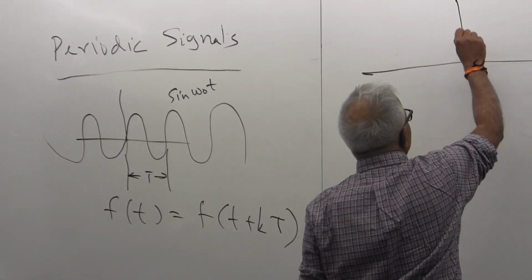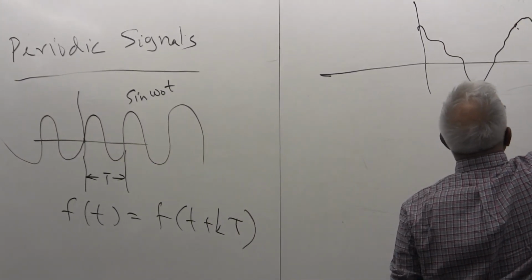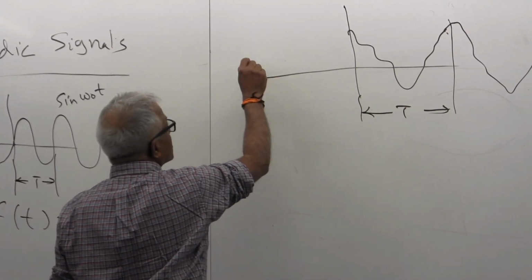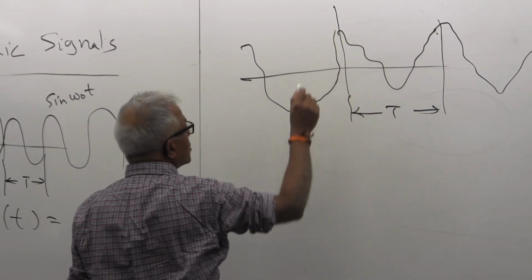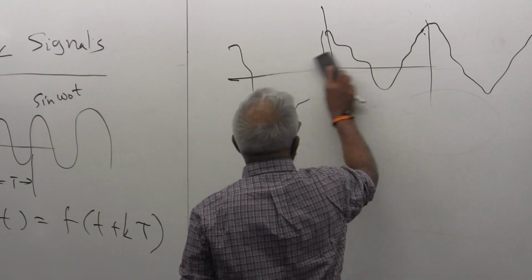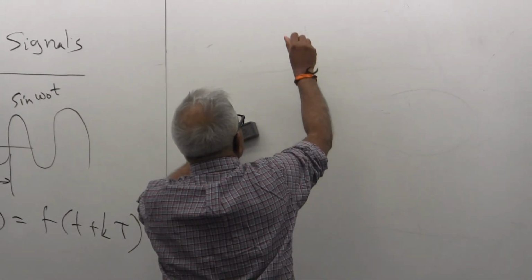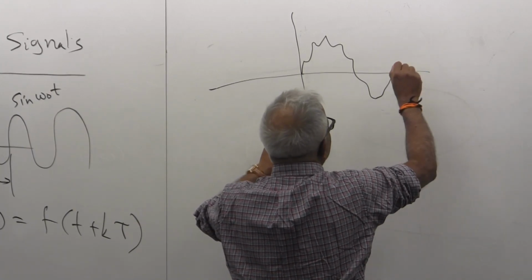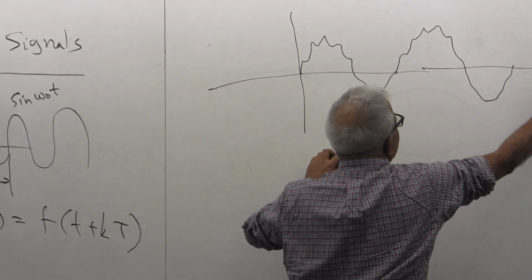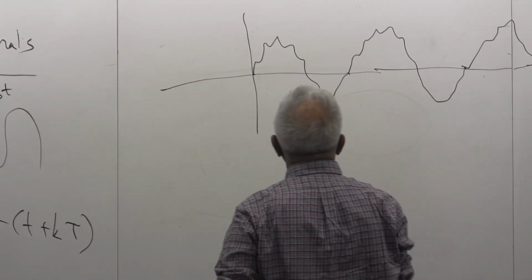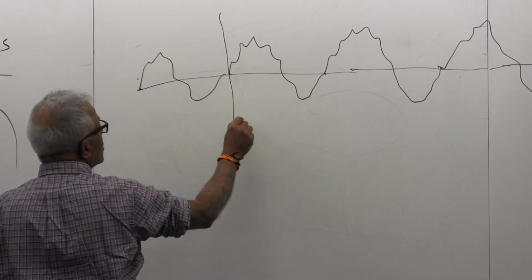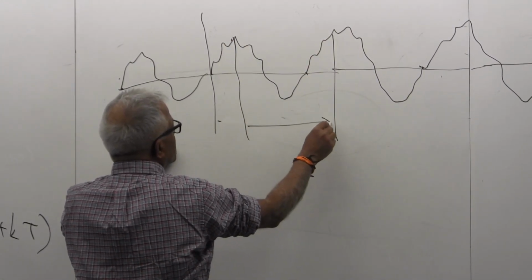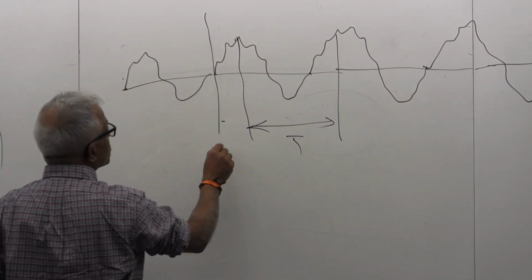So we can generalize that concept. Here you can see that this information keeps repeating. Anything from here up to here, this information keeps changing, so this is the period, or this is also the period.